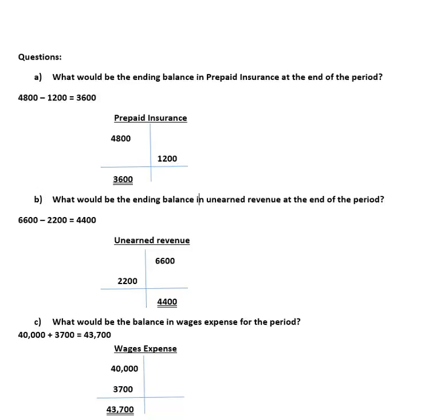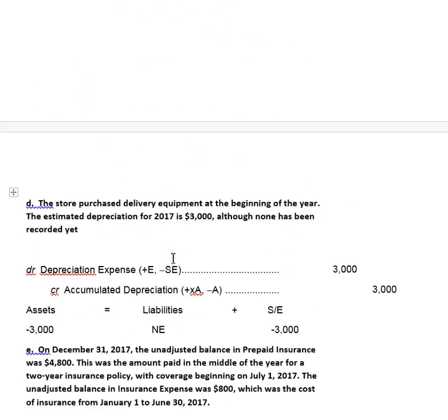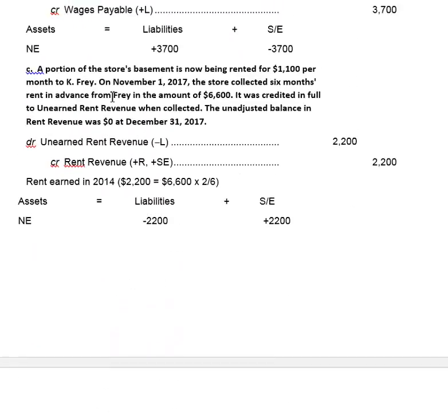What would be the ending balance in the unearned revenue account at the end of the period? Well, don't forget we had unearned, I guess I should say rent revenue to be specific, so I'll just put rent in there. We had unearned rent revenue, if you'll remember back up here, it was $6,600, right? We collected it on November the 1st. But as of December 31st, we reduced the liability because we provided 2 months tenancy.